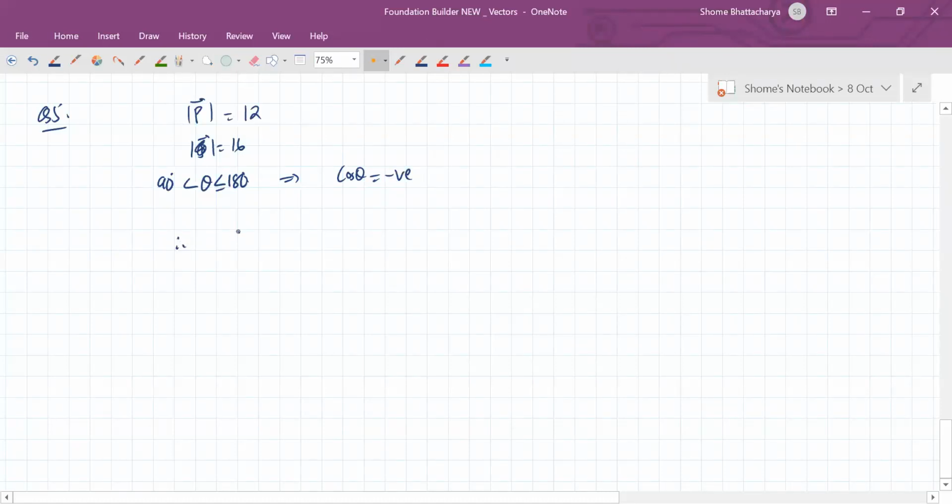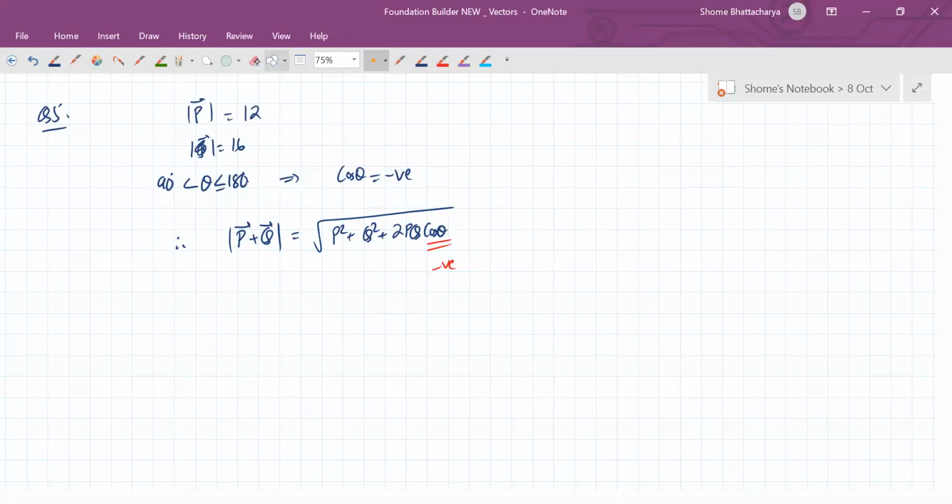Okay, so that means magnitude of P plus Q, which is root of P square plus Q square plus 2PQ cos theta. Now you can see that this quantity is negative. Okay, so because it is negative, that means this whole thing is now less than root of p square plus q square.